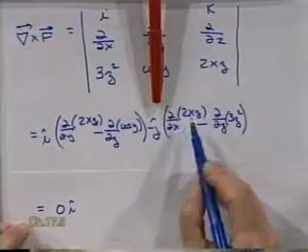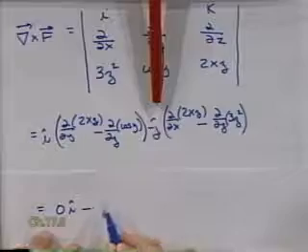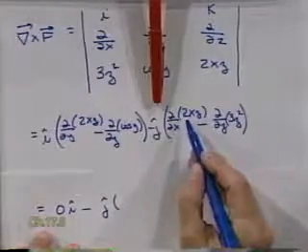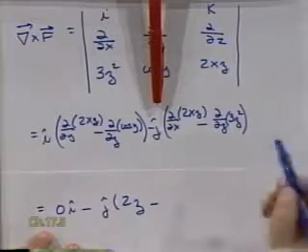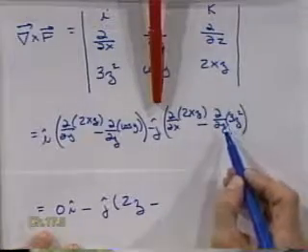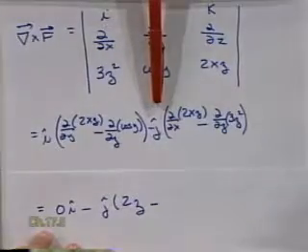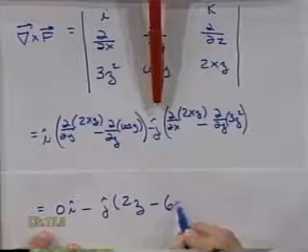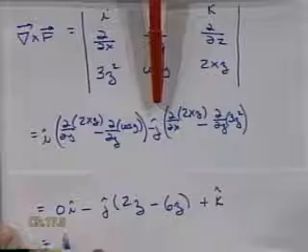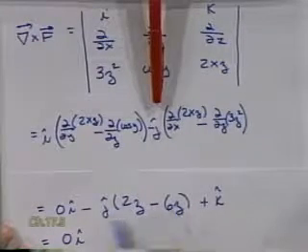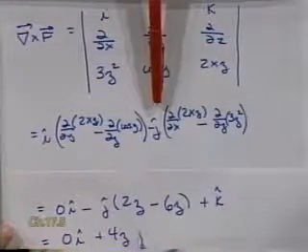So the partial with respect to x of 2xz is 2z. And the partial with respect to z of 3z squared is 6z. Plus k, so we have here 0i, this is minus 4z with a minus, plus 4zj.